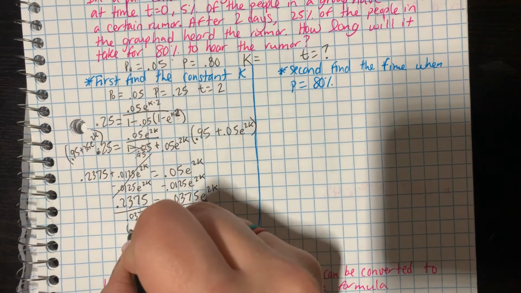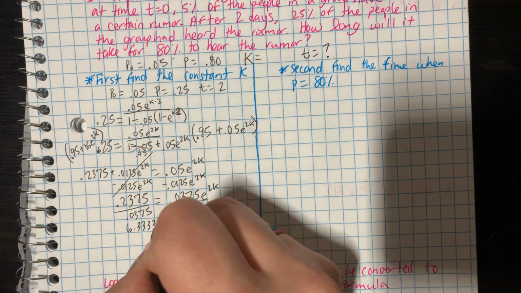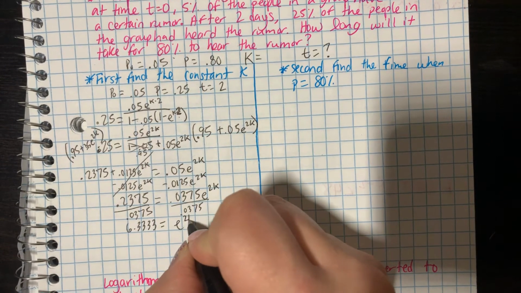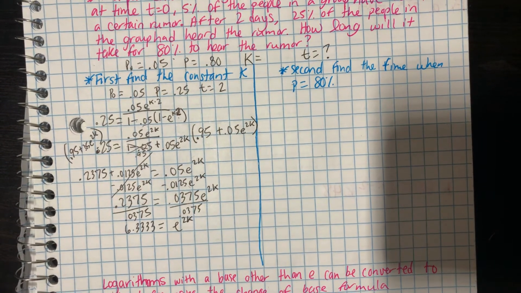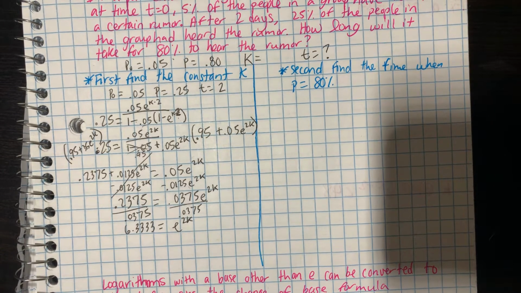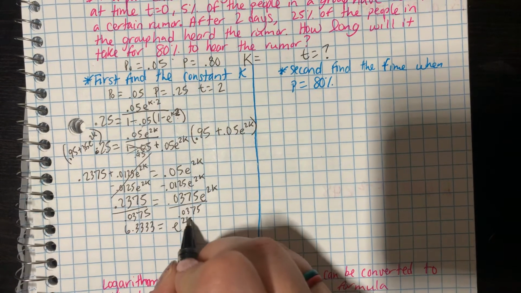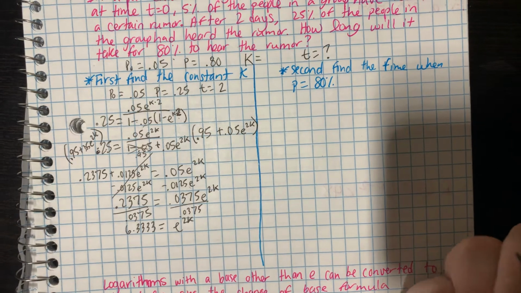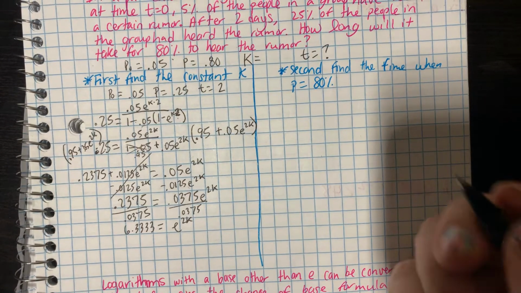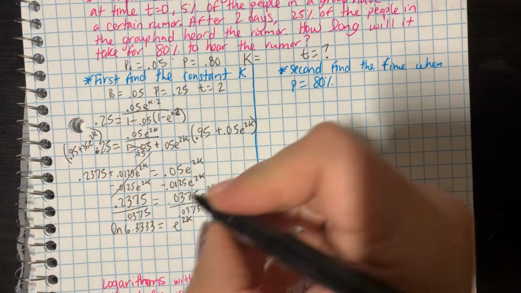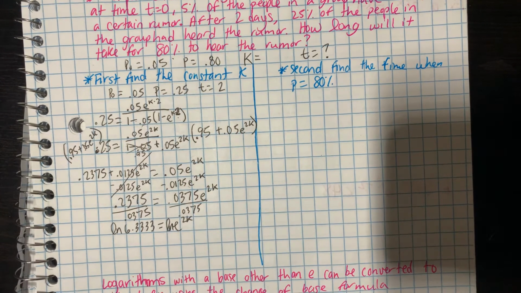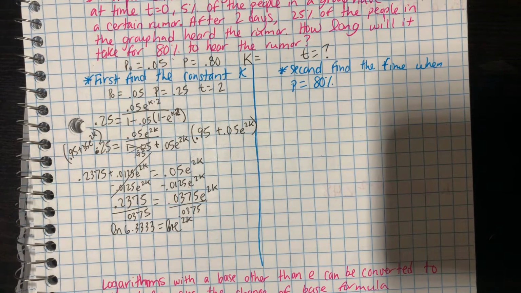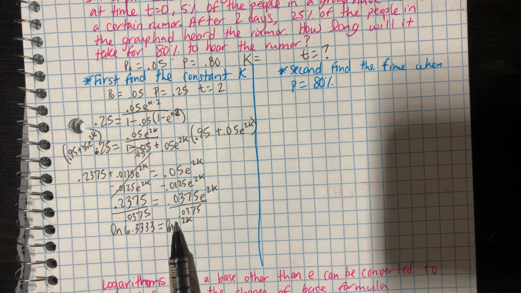So 6.3333 equals e to the 2k. All right, so now to get this 2k out of here, we're going to take the ln of both sides. Why we're going to take the ln instead of the log like yesterday is because this is a base e.